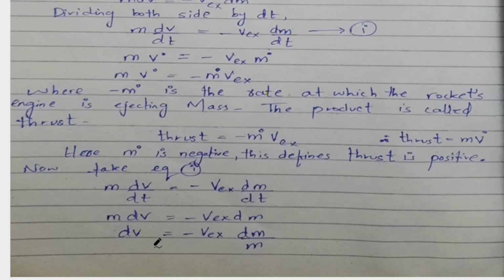After arranging these terms, we are remaining with these terms: dv equals minus vex dm over m.